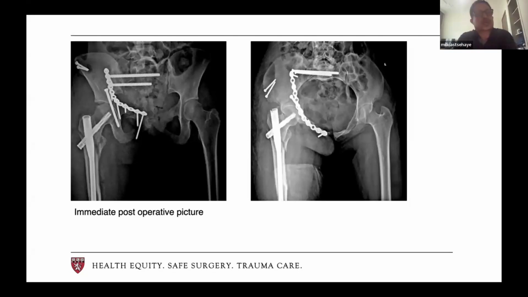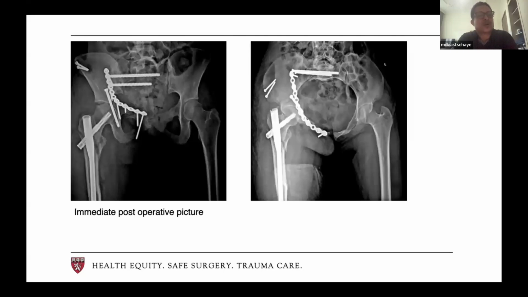Yeah, thank you. As I mentioned at the beginning of my discussion, we put the patient on a traction table, and we did not want to disturb the fracture or open it extensively. When we tried the closed reduction, it was reasonably okay.